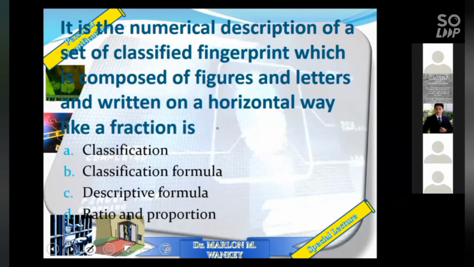Another question. It is the numerical description of a set of classified fingerprint which is composed of figures and letters and written on a horizontal way like a fraction is what? Okay, may mga nagsagot na ng letter B. How about the rest?